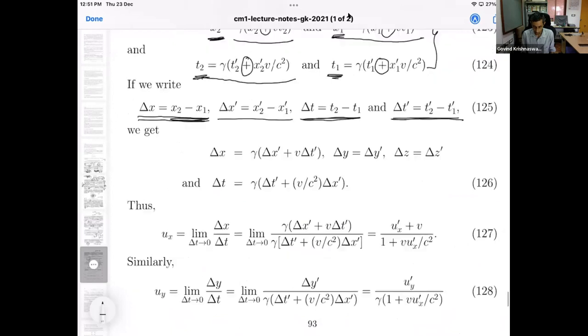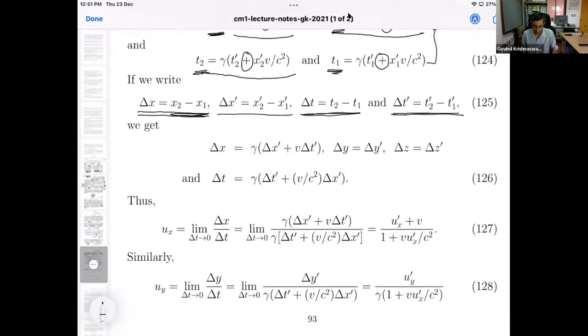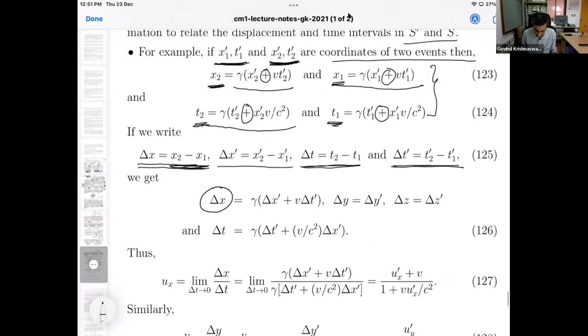Now let me then proceed to calculate the velocity components in the two frames and then relate them. This is not difficult at all. First, we compute the displacements delta x by taking the difference x2 minus x1.